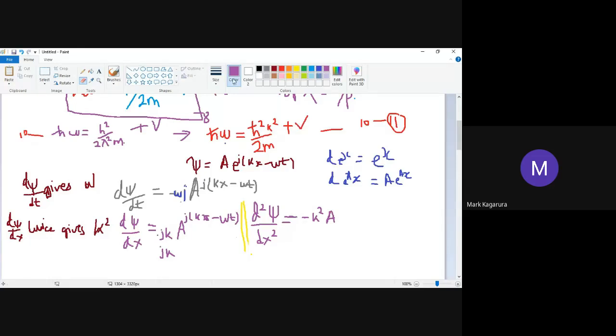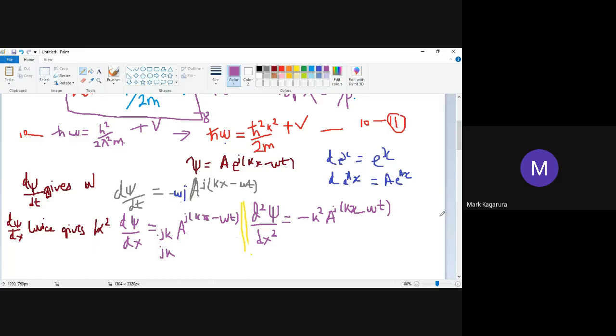So that negative is actually j squared. Let me just make it a bit more prominent. Negative, then you have the j into kx minus omega t.